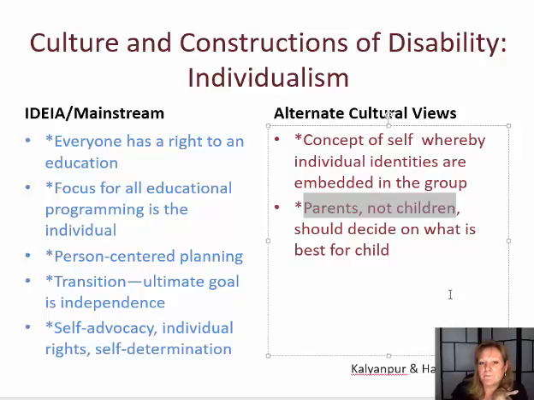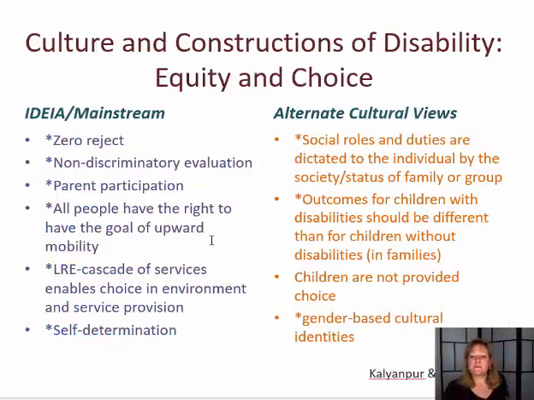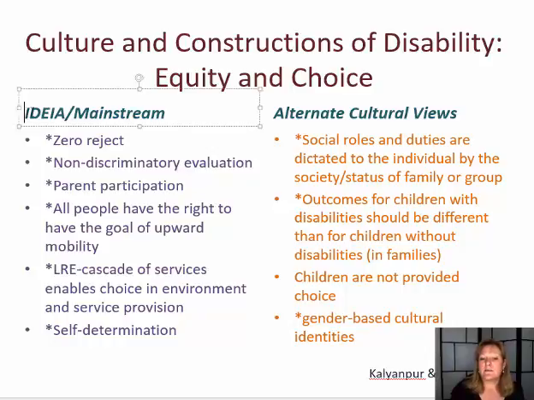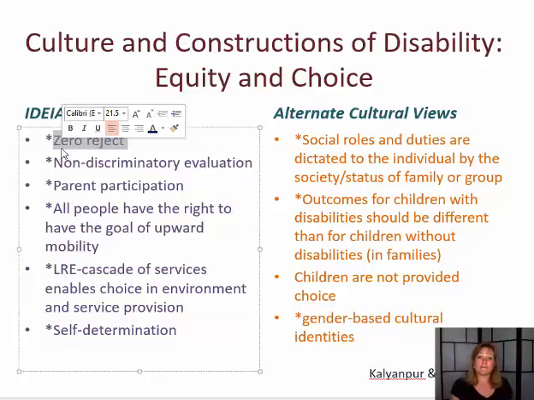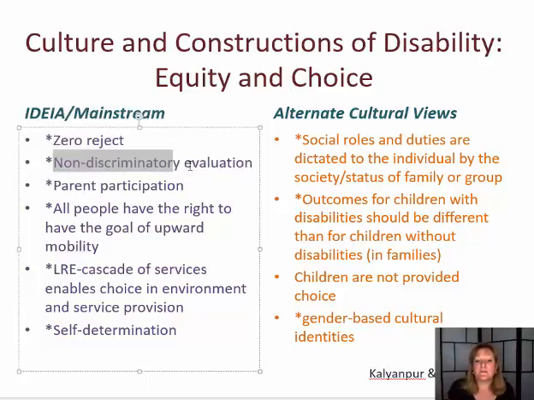Here are some other cultural constructions of disability related to equity or fairness and choice. In our mainstream U.S. culture and schools, you have this idea that everyone has a right to an education, zero reject. If they're here, we educate them, no matter who they are or the skills that they come with. We're supposed to have a non-discriminatory evaluation. Parent participation is valued.